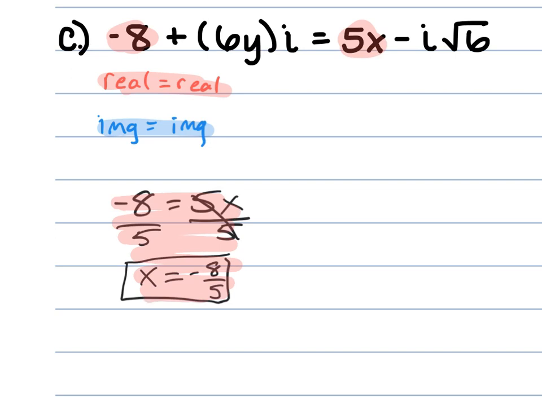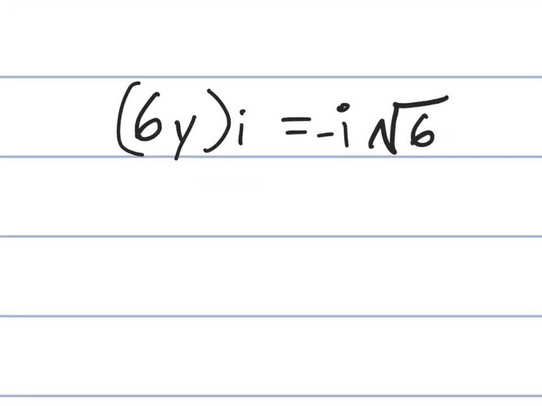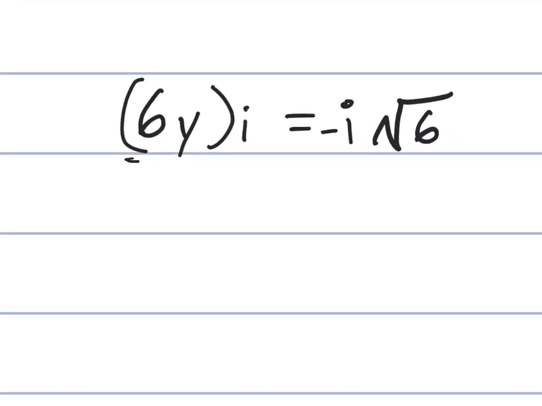Let's identify the imaginary numbers up there. So we get 6y times i is equal to negative i divided by 6. What should I divide by? i, to get rid of the i's. Now notice over here, those go away.